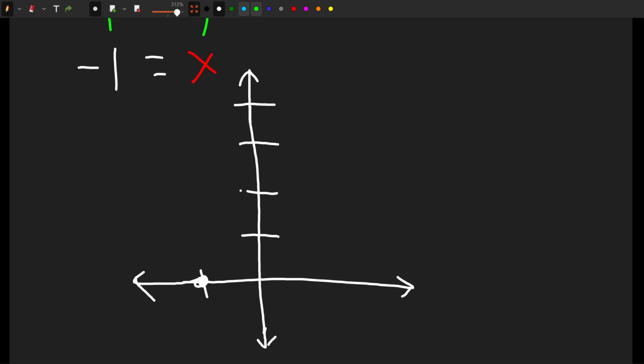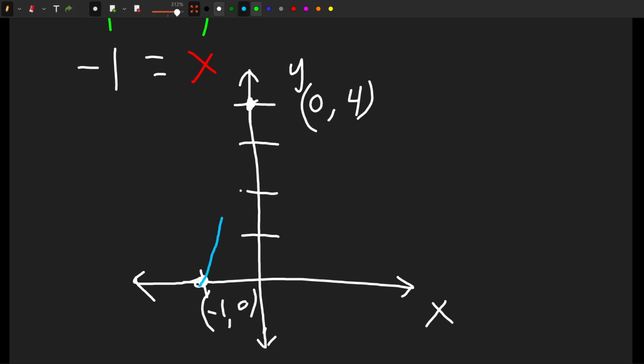It's a negative value on my x-axis, so it's to the left. And so we get negative 1, 0. And then 0, 4 is up here. I always get those confused. 0, 4 is up here at the top with my y-axis. And then drawing a line between these two, we get this equation. All right. Awesome.